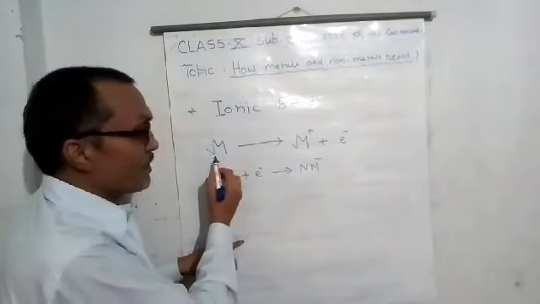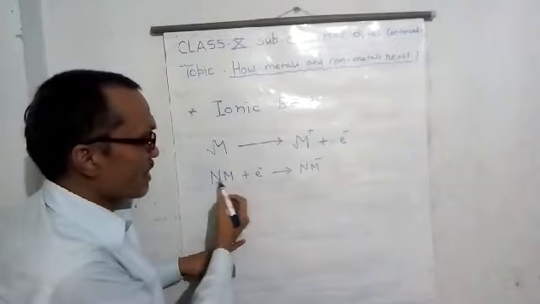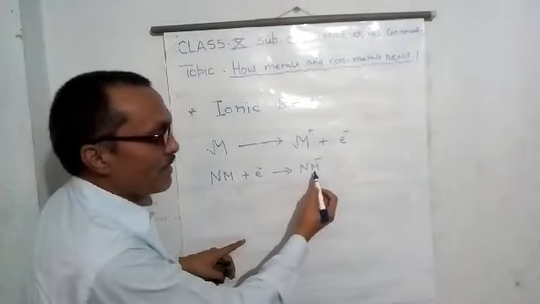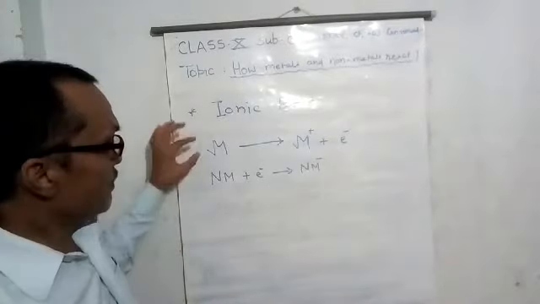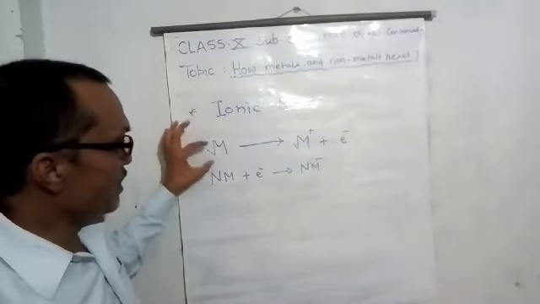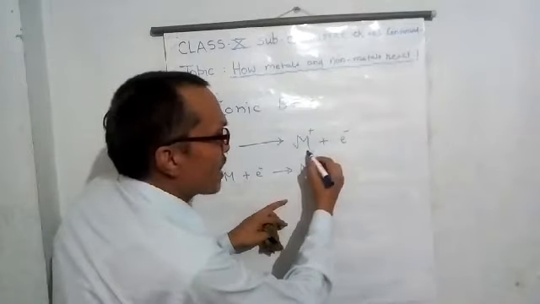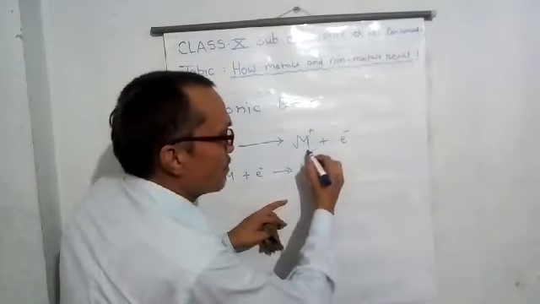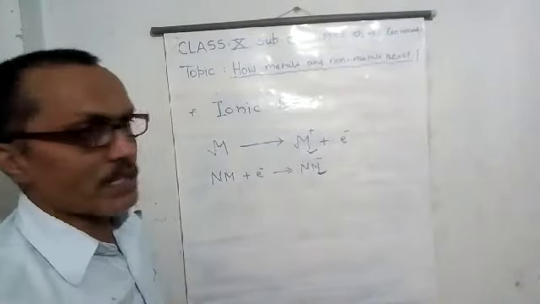So metals lose electrons and form positive ions. Non-metals gain that electron and form negative ions. Between these metal and non-metal atoms, two oppositely charged ions form by transfer of electrons, by loss or gain of electrons.